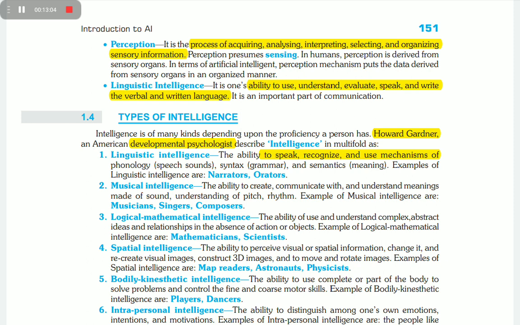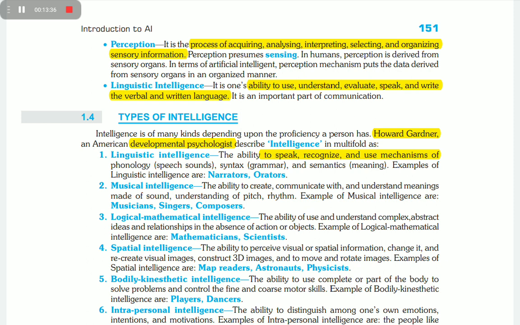Basically perception is the process of acquiring, meaning keeping with us, analyzing the reports, etc. Interpreting means giving our reports to the mind, or searching. Selecting means selecting which is bad or which is good. So selecting the sensory information and organizing them by categories.